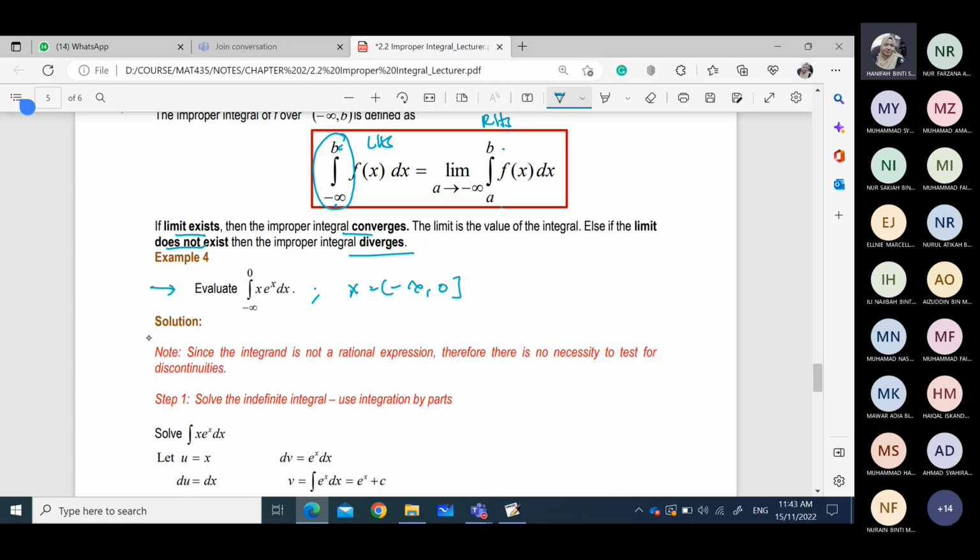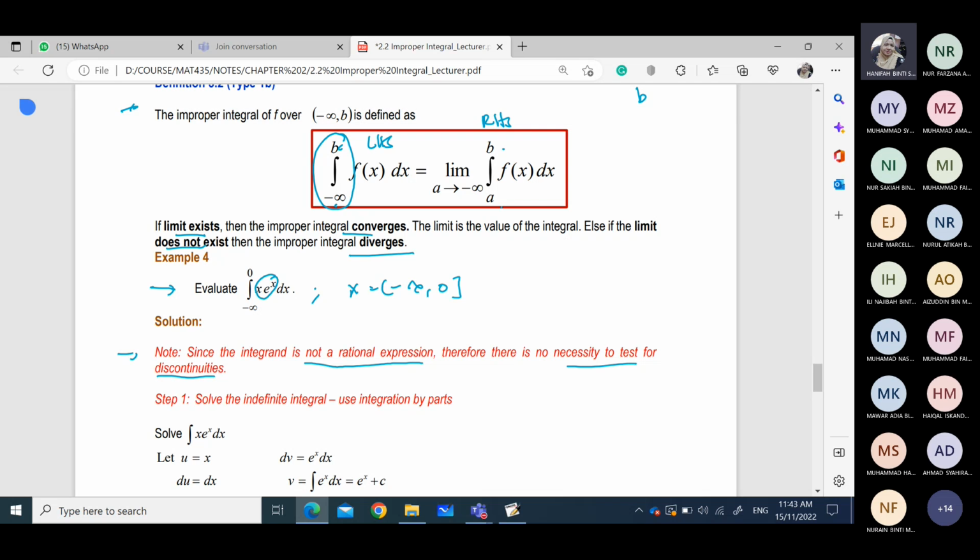Alright, look at this note. Since the integrand is not a rational expression, this is the key. Therefore, there is no necessity to test for discontinuities. Maknanya, bila kita tengok function dalam integral ini, dia tidak melibatkan apa-apa rule.